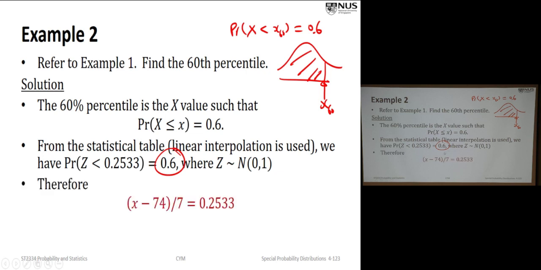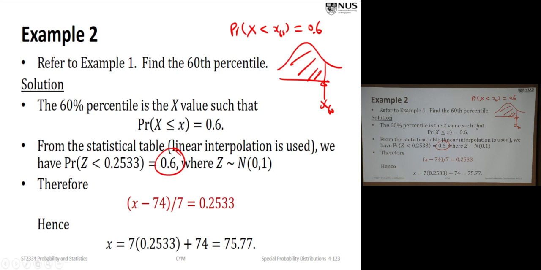Convert it, and it means that it's 75.77. So in other words, for this class, if you score above 75.77, then you are better than the 60th percentile.